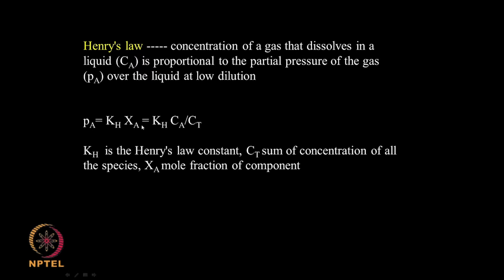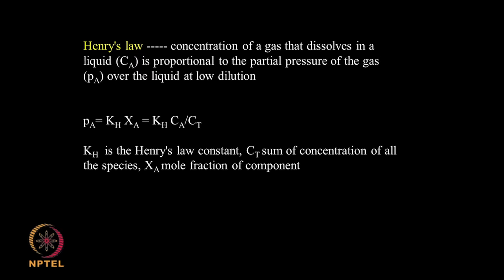This is useful because if I know the partial pressure of the solute gas in the gaseous phase, I will know its concentration in the liquid phase, because both of them will be in equilibrium, and that equilibrium constant is called the Henry's law constant, assuming there is no reaction.